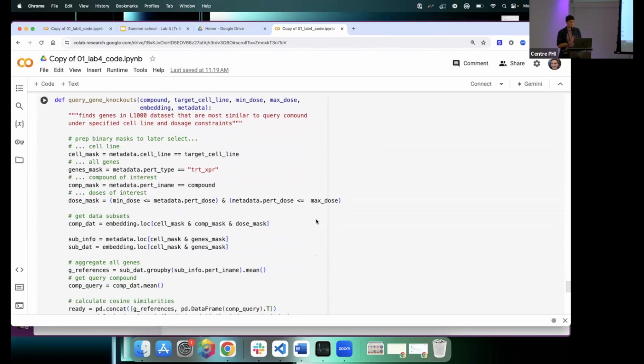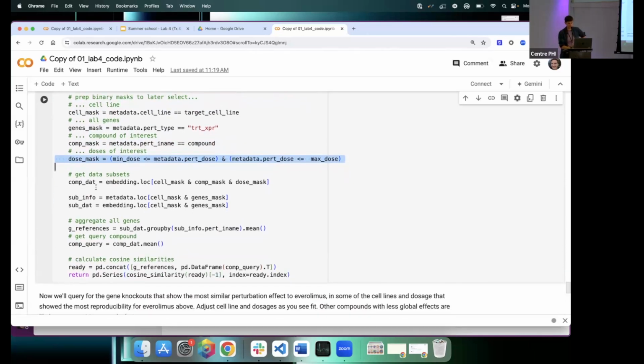Okay, then we want to run our actual similarity search. This is essentially just pulling out our genes, choosing our cell line for the compound, everolimus, selecting it, making masks, setting up a mask to get our target dosage, making this convenient to run later.